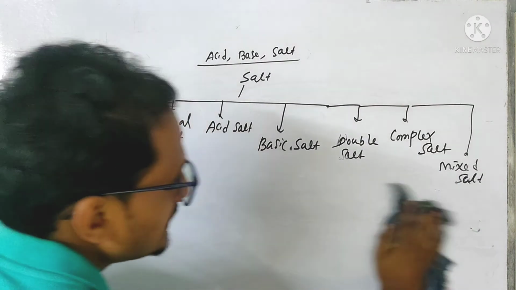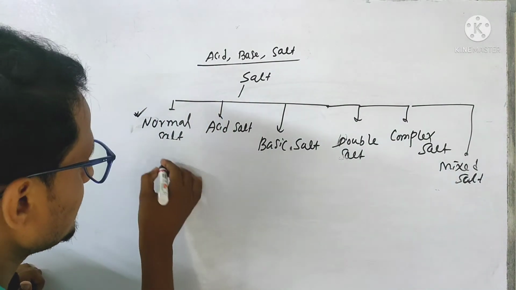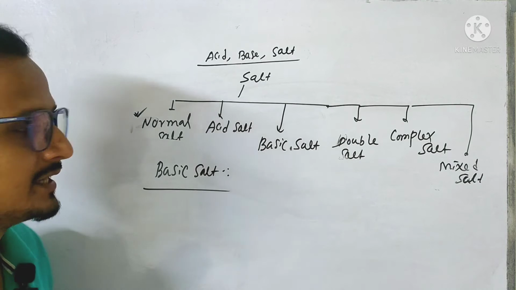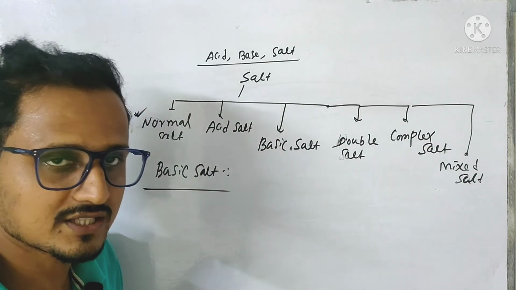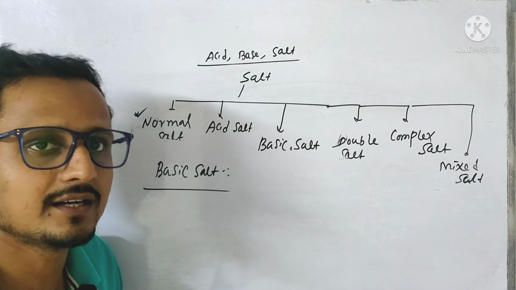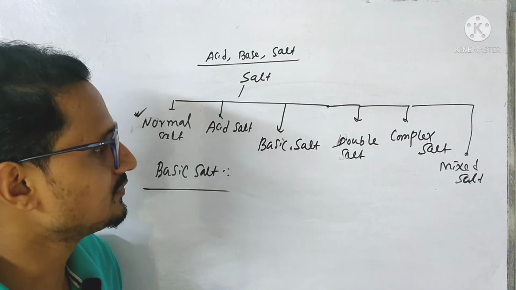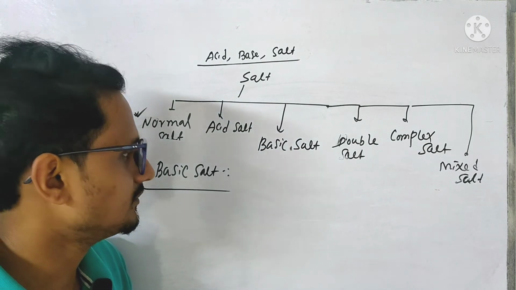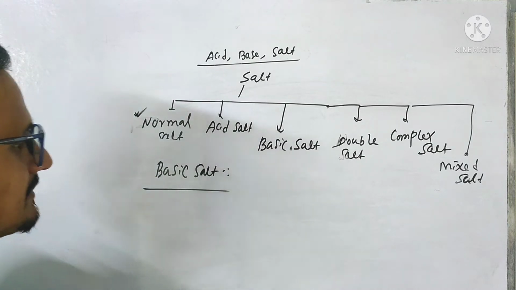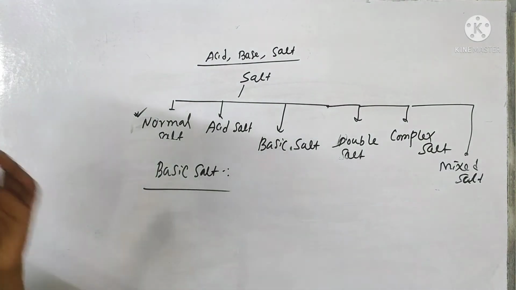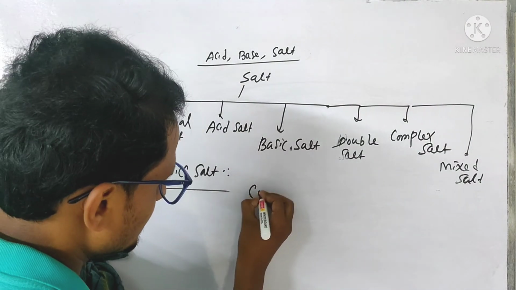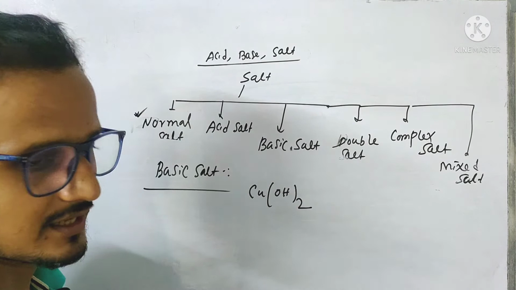Basic salt means the replaceable OH ion, the hydroxyl ion of a base, is replaced, then it will form a basic salt. Base we know has OH ion. Say copper hydroxide, a base.